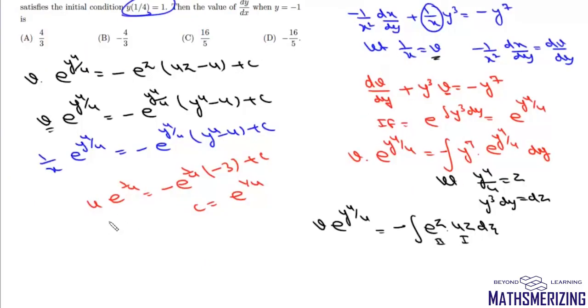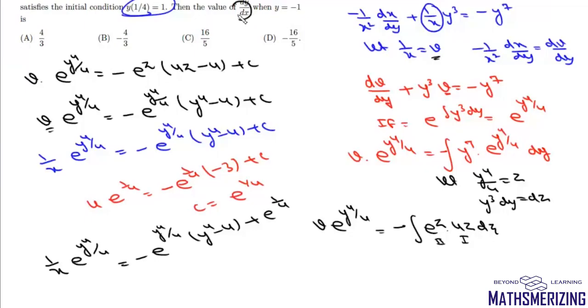Now we can write this differential equation as 1 by x e to the power y to the power 4 upon 4 equals minus e to the power y to the power 4 upon 4 into y to the power 4 minus 4 plus e to the power 1 by 4.